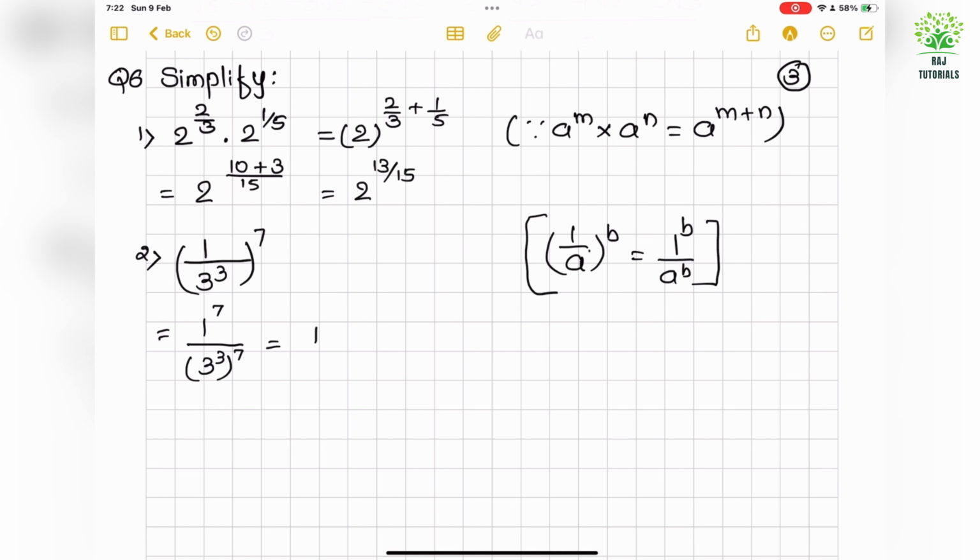So this will be 1 raised to 7 upon 3 raised to 21. How 21? Because I have used the identity (a raised to m) whole raised to n equals a raised to mn. Power's power. So 1 raised to 7 will be 1 and 3 raised to 21. So I can say 1 upon 3 raised to 21.